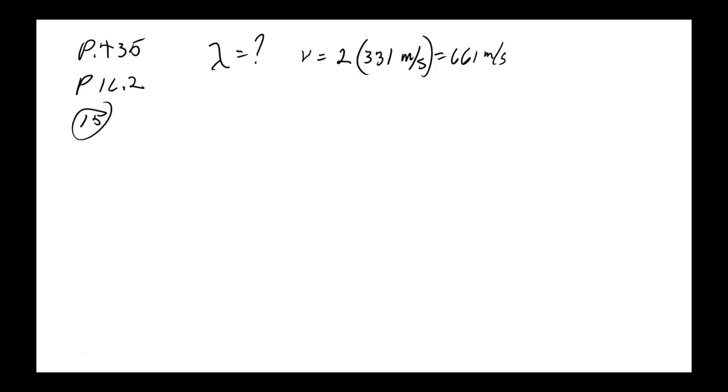And this is Jennifer Addison, right? Okay. Now, we're doing problem 15 on page 435, 16.2. The wave is produced by an oscillator emitting 63 pulses every 8.3 times 10 to the negative 6 minutes.